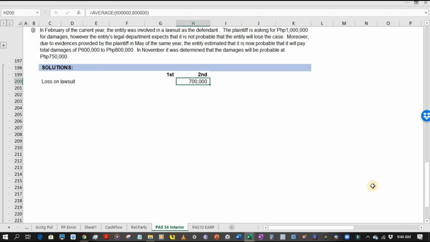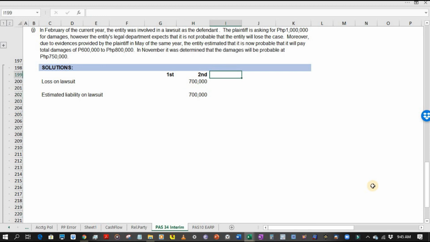Then the estimated liability on lawsuit, which is a liability account that will appear in the statement of financial position as of the end of the second quarter, is 700,000 pesos. And again, the loss on lawsuit is an expense account that will appear in the income statement for the second quarter.